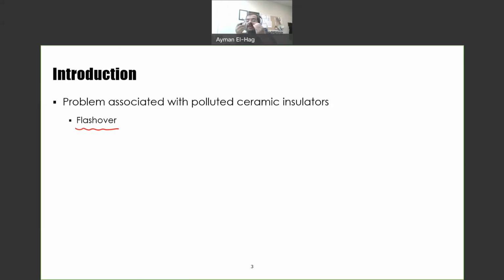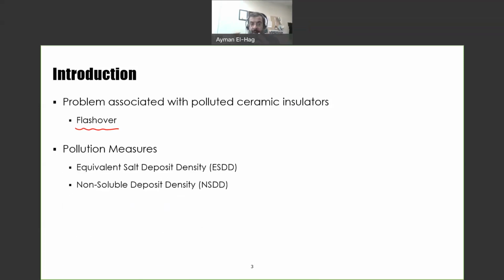Now, how to quantify the degree of pollution? We have two metrics. One called the equivalent salt deposit density, the ESDD. The other one is the non-soluble deposit density, or the NSDD. The first one will tell us or quantify the amount of conductive material in the pollutant.